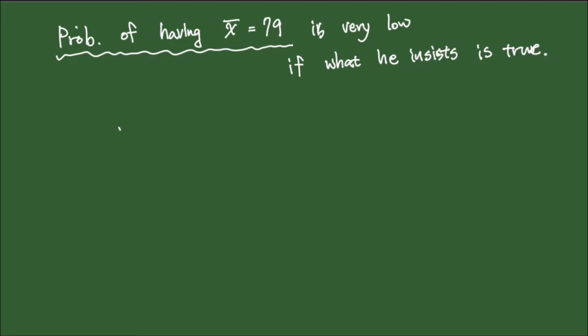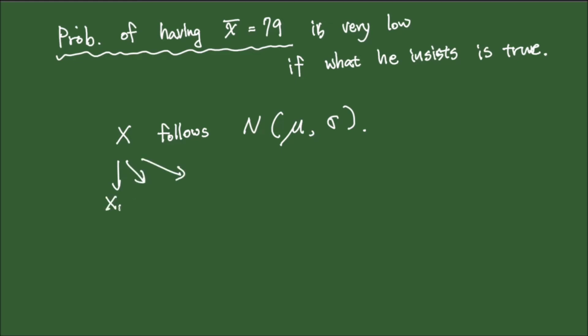So if I have a random variable that follows the normal distribution with mean mu and standard deviation sigma, and I have a sample from this distribution, x1, x2, ..., xn, so n samples, and then take the sample average, I add them up and divide by n, which gives me x bar.